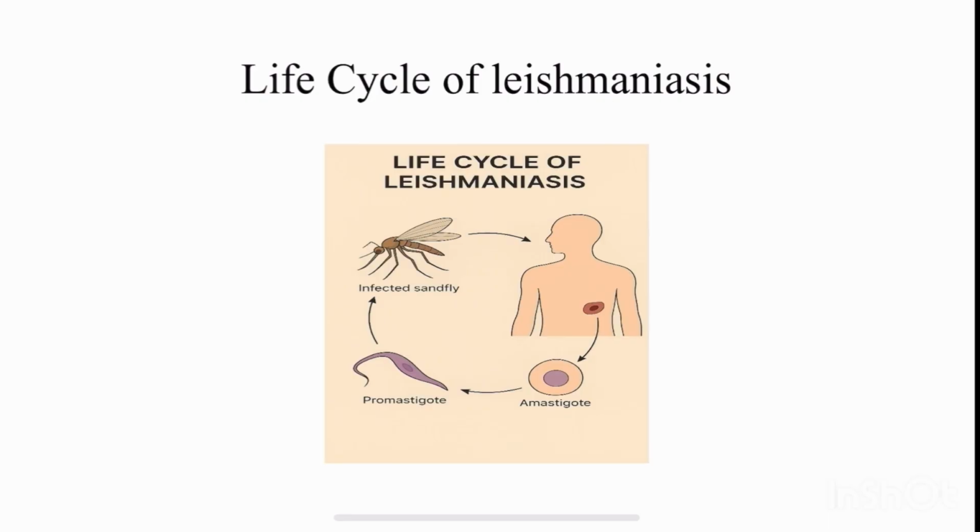While taking the blood meal, the promastigote form that occurs in the alimentary canal of the female sandfly will be transmitted to the skin surface of the human, rodent, or dog. As the promastigote form reaches the skin of the human, it will be phagocytized by macrophages present in the skin.